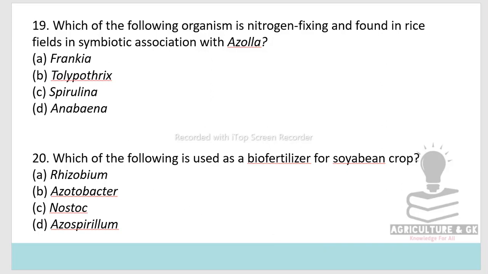So our answer is option D, Anabaena. It is a blue-green algae.